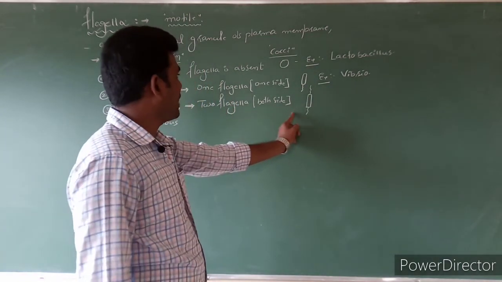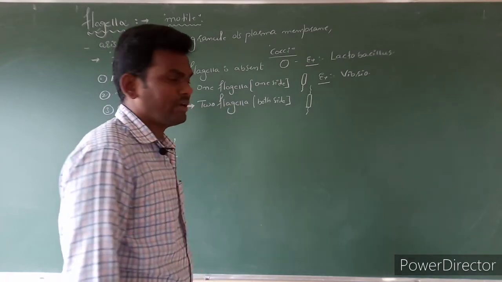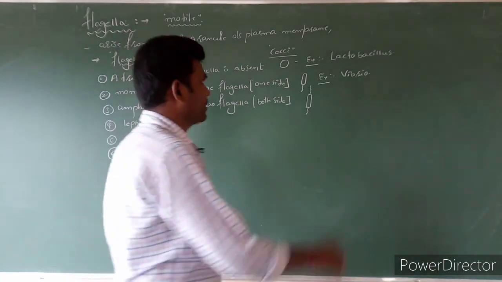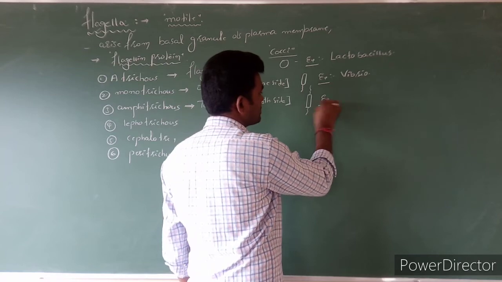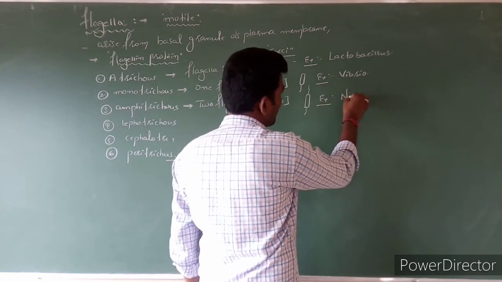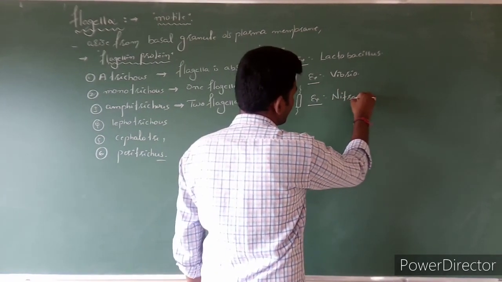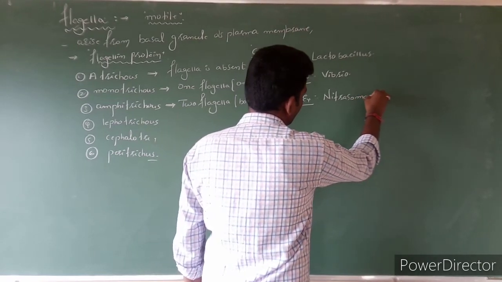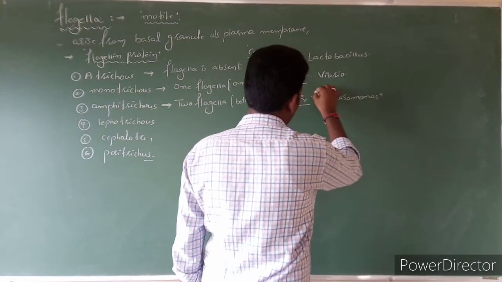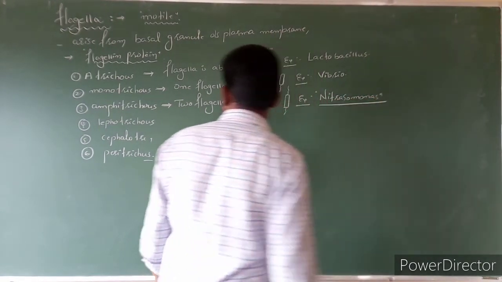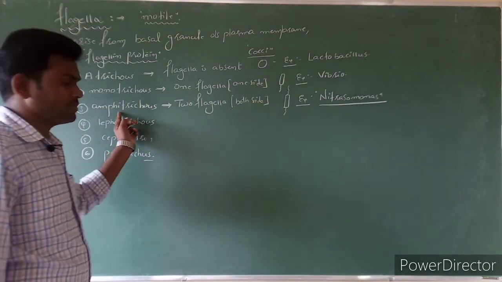So such type of bacteria we call Amphitrichous bacteria. Example is Nitrosomonas. Nitrosomonas is the best example for Amphitrichous bacteria.